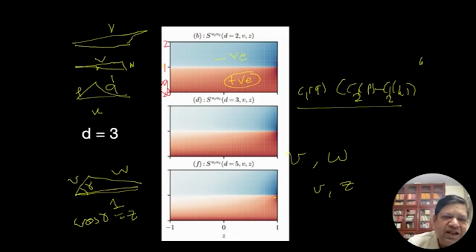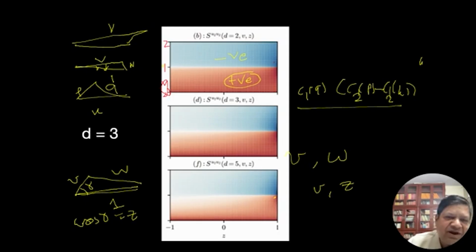So V less than 1 gives energy to 1. So this is energy going from V to 1. When V is smaller than 1, it gives energy, but V greater than 1, it takes energy. So it tells us that energy goes from smaller wave number to larger wave number, right?